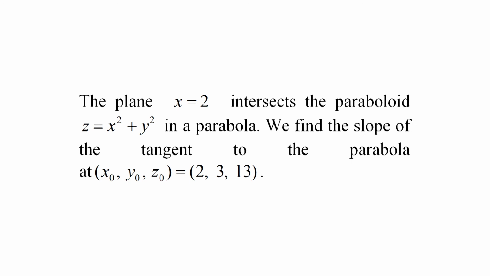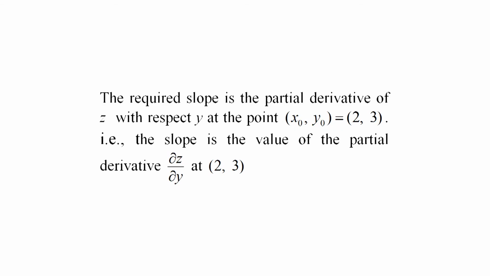The plane x = 2 intersects the paraboloid z = x^2 + y^2 in a parabola. We find the slope of the tangent to the parabola at the point (x0, y0, z0) = (2, 3, 13). For this, by the discussion above, the required slope is the partial derivative of z with respect to y at the point (x0, y0) = (2, 3).